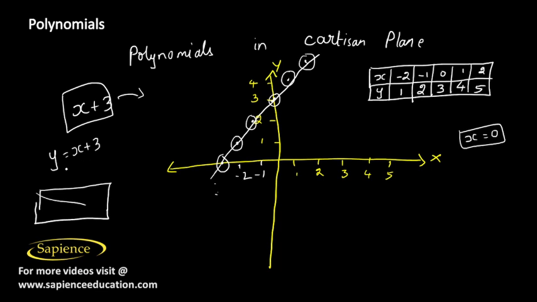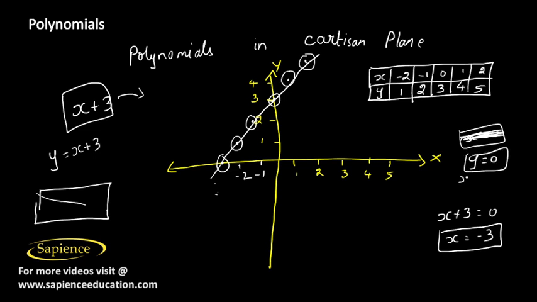If we try to solve this x plus 3 polynomial and try to find the 0 of this, what value should we substitute to get this as 0? That is, we need to get x plus 3 is equal to 0. Then that means x should be -3. So sorry, this is not x is equal to 0, this is y equal to 0. X axis.